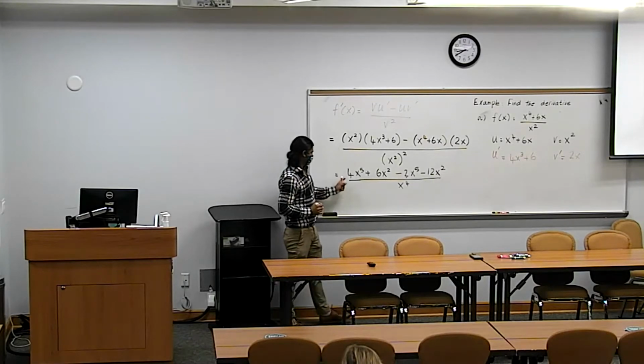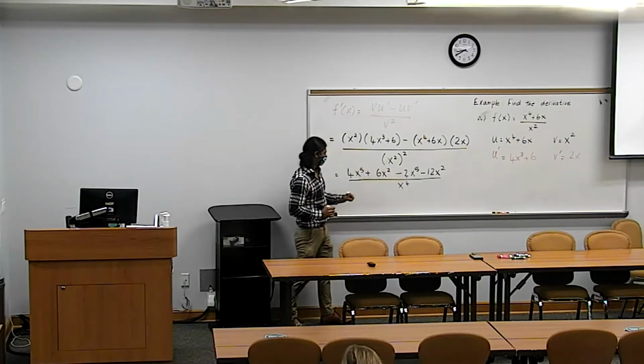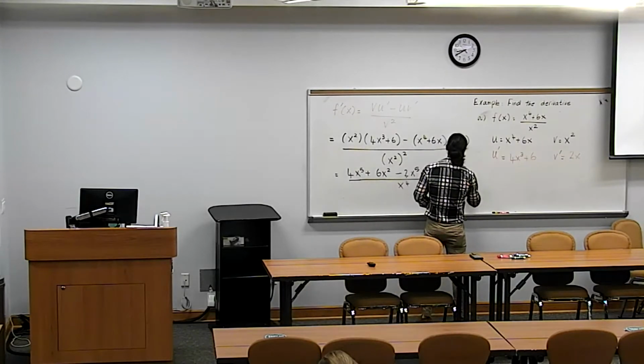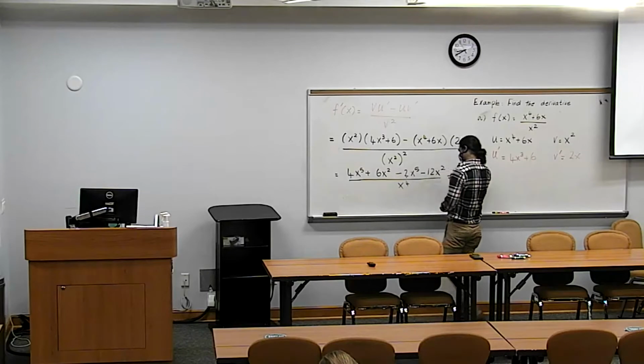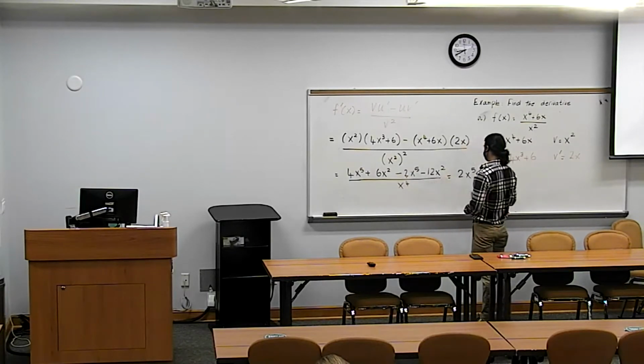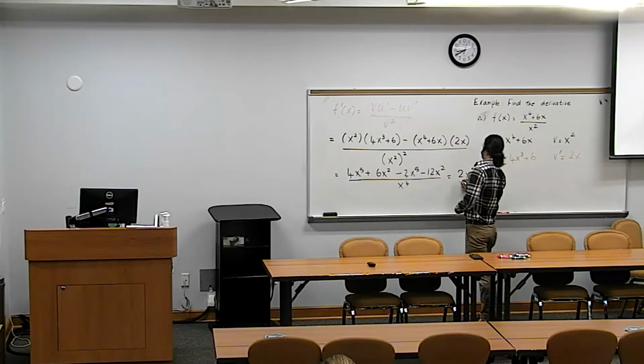Four x raised to the 5 minus 2x raised to the 5 is 2x raised to the 5. 6x squared minus 12x squared is minus 6x squared, divided by x raised to the 4.